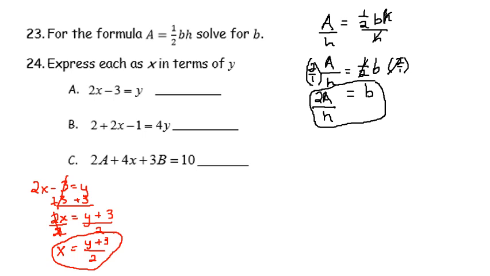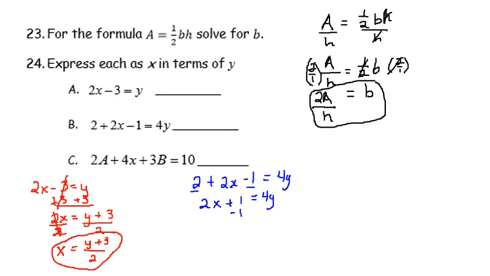Now looking at 24B, we've got 2 plus 2x minus 1 equals 4y. On this one, what we're going to do first is, I see on the same side of the equal sign, I've got like terms I can combine. 2 minus 1 is a positive 1. So that gives me 2x plus 1 equals 4y. Now remember, we're trying to get the x all by itself.